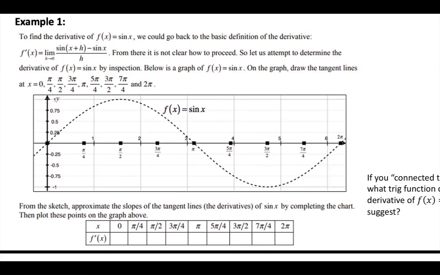So when I talk about the derivative, what am I looking for? What things go with derivative?